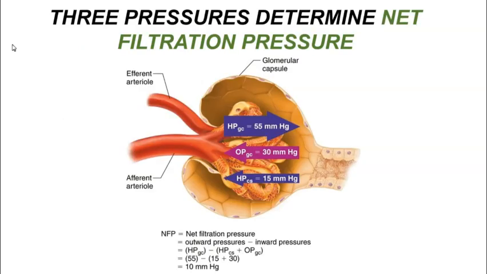So there are three pressures that determine what is called net filtration pressure. And net filtration pressure is the sum of the pressures either promoting or inhibiting filtration at the glomerulus. We have three pressures here, and their direction of flow is indicated by the direction of these arrows. So this arrow pointing to the right indicates that this pressure is pushing fluid out of the capillaries and into the glomerular capsule.